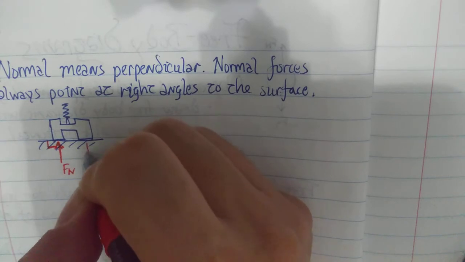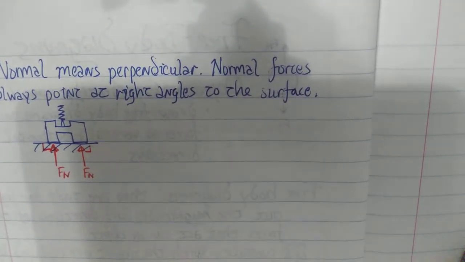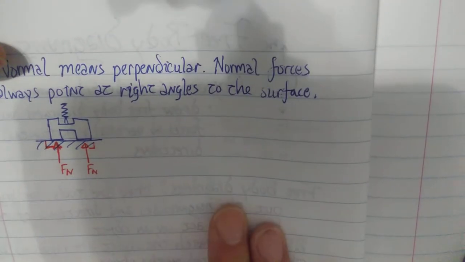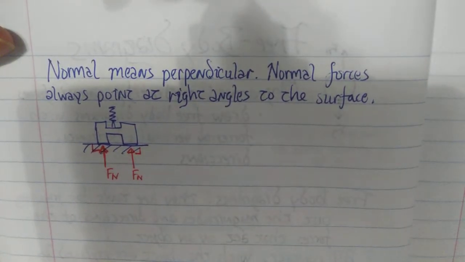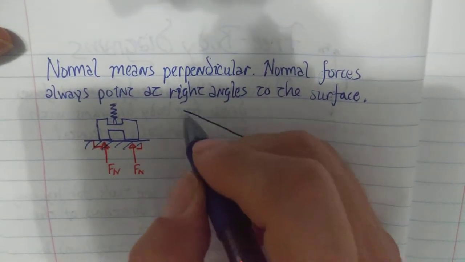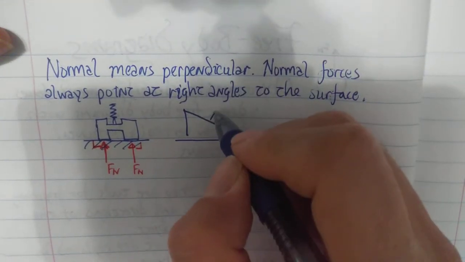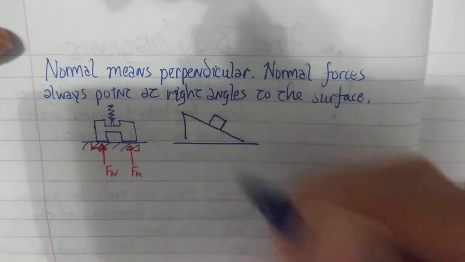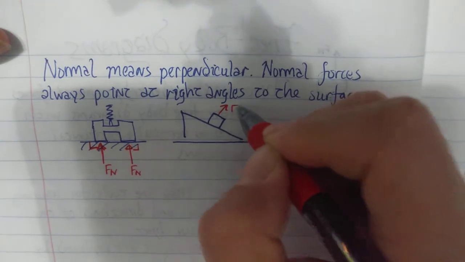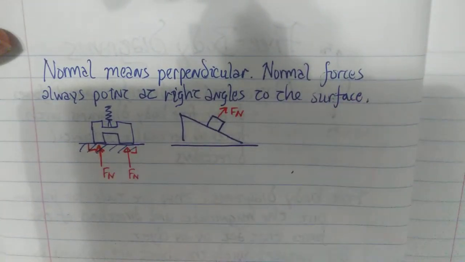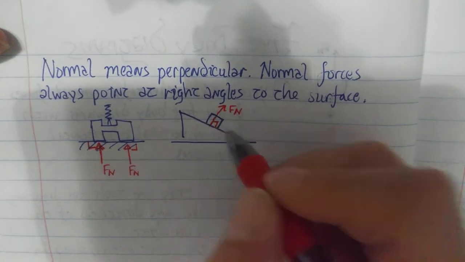We've got two of them. 90 degrees. So when you start getting into more difficult physics classes, you might have something that looks like this. We get into ramps, and maybe you have a box. So the normal force is 90 degrees from here, right? 90 degrees.